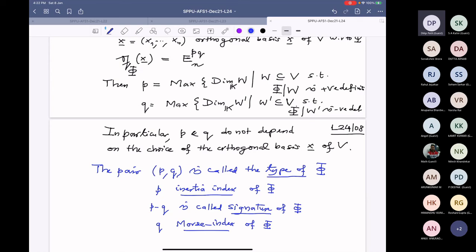And of course, I must mention here that I've seen a lot of papers written by computer scientists who use this type and signature of a quadratic form to count the number of real points on algebraic varieties.